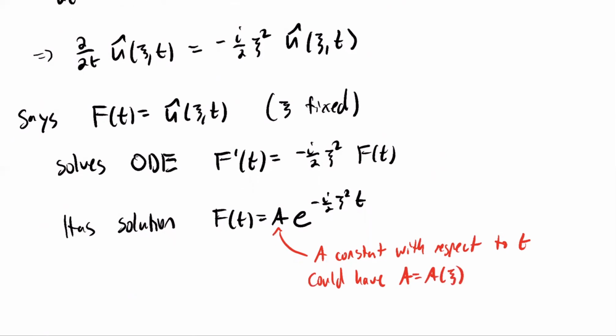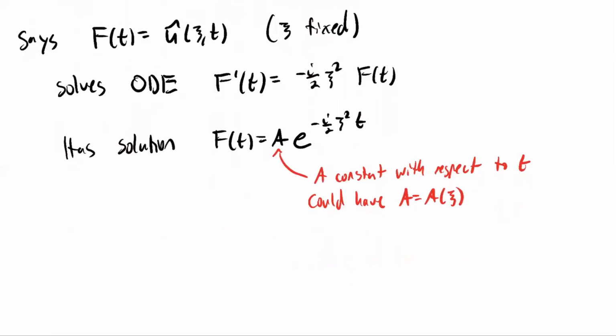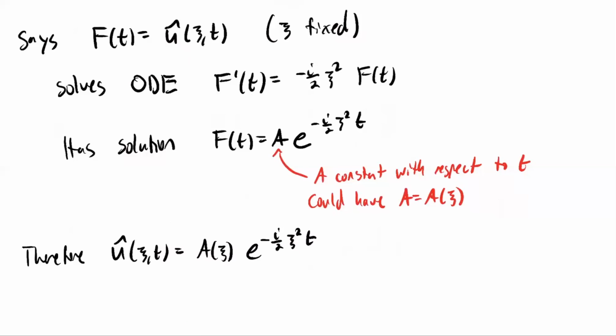So really A is a function of xi, but it doesn't depend on t. That's the main point. And so plugging this in, this tells us that the Fourier transform of our solution has to equal some A of xi times e to the minus i over 2 xi squared t.